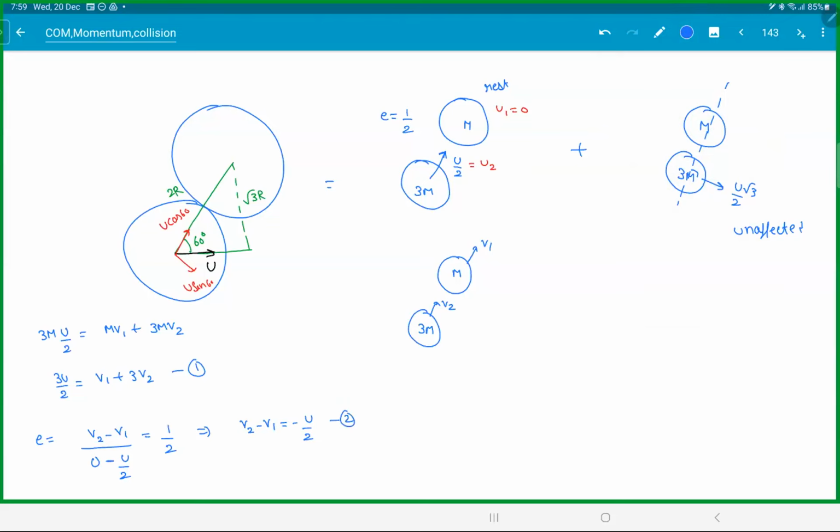Add them directly, and v1 will cancel. You end up with 4v2 equal to u, so v2 is u by 4. Then v1 will be 3u by 4.